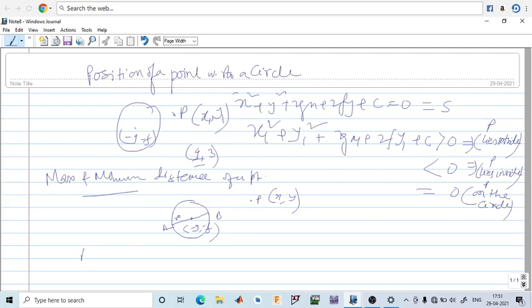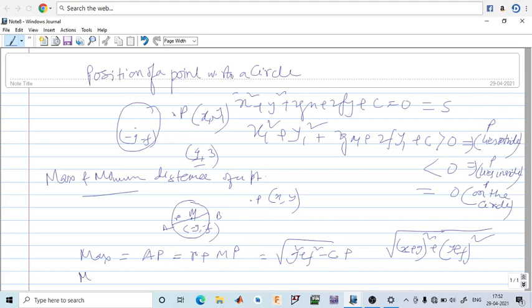The maximum distance is AP, from the just opposite ends. If AP, then it is r plus MP, where M is the center, that means root of g square plus f square minus c, plus root of (x plus g) whole square plus (y plus f) whole square.